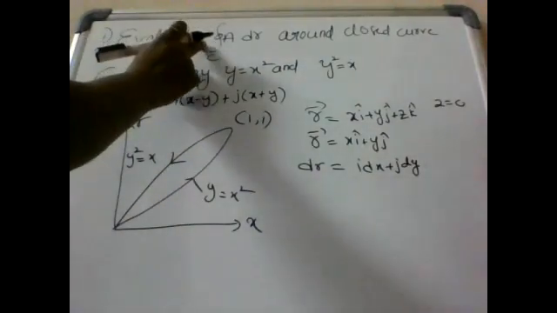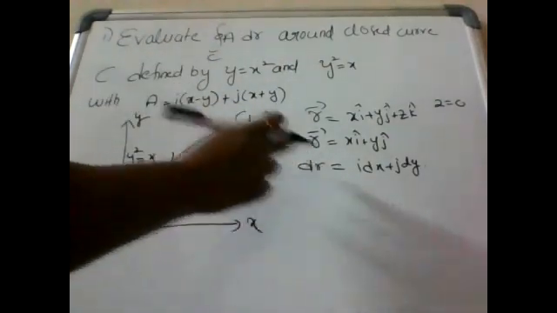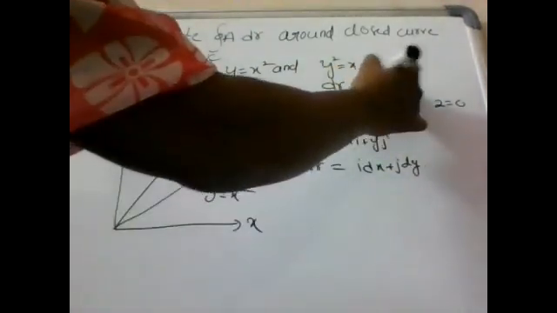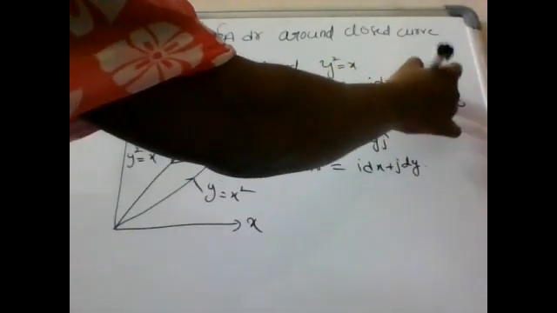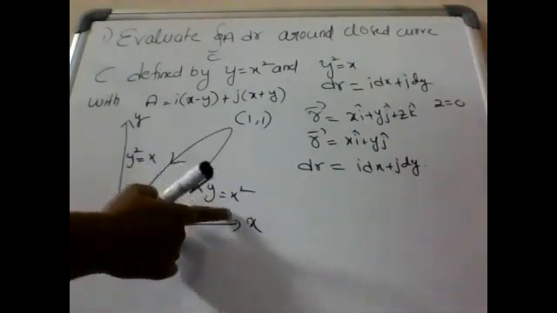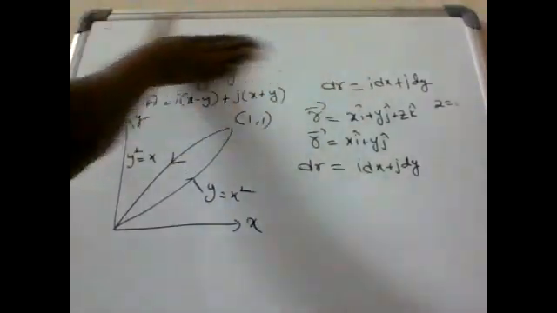After that, in the integration of A dot dr, we have to substitute the A bar vector and the dr value. Here I am writing dr equal to i into dx plus j into dy. In the diagram, we have y square equal to x and y equal to x square and the point (1, 1). Here we have the A bar vector.